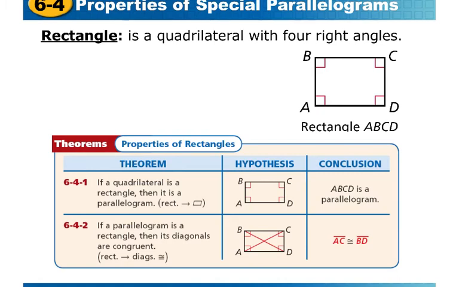So, interesting. Once a quadrilateral is named a rectangle, it is a parallelogram, and therefore has all of the qualities of a parallelogram. And then it can also be measured by its diagonal lengths.